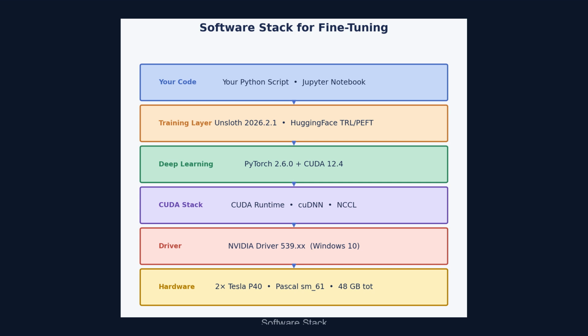All of that runs on NVIDIA driver 539.xx for Windows. And at the very bottom is your hardware. 2 Tesla P40 GPUs with 48 gigabytes of VRAM combined. Every layer in this diagram needs to be correctly installed and compatible with the layers above and below it. That's exactly what this lesson verifies.